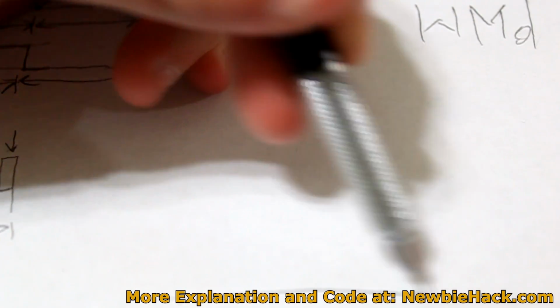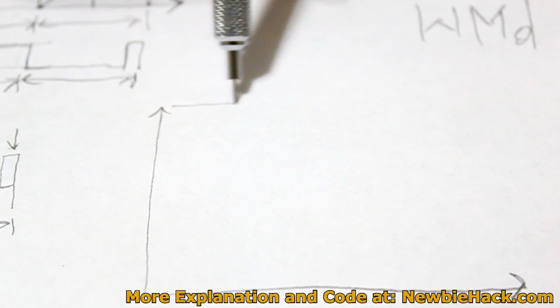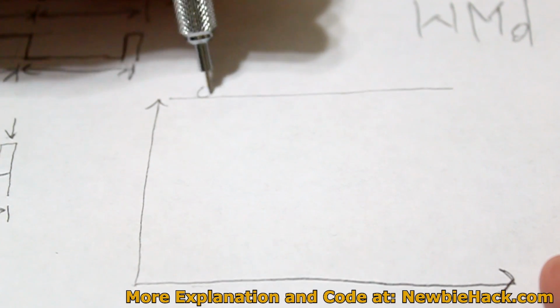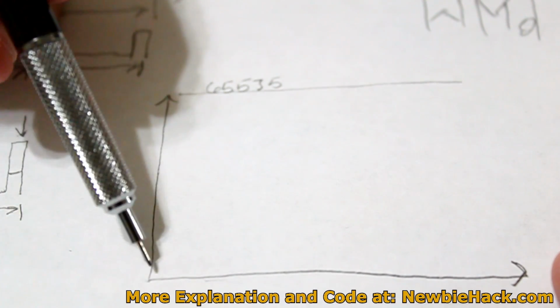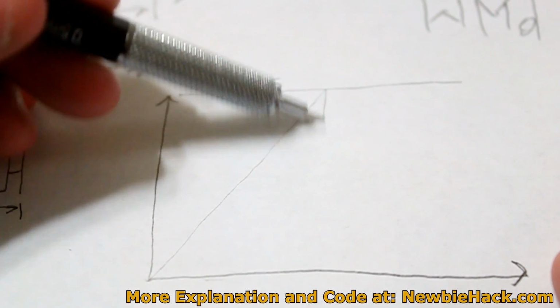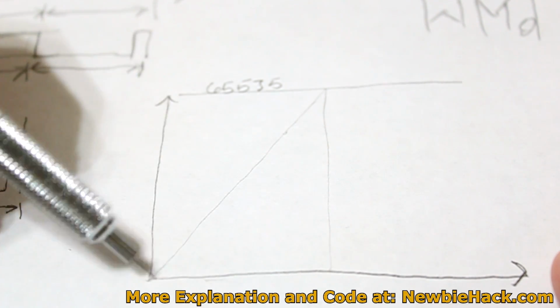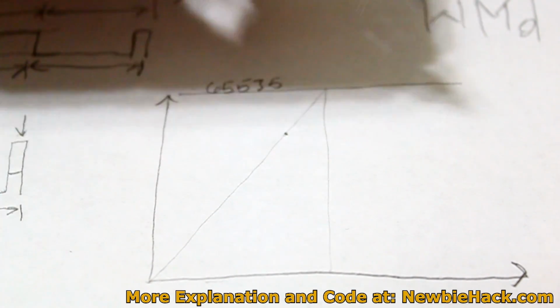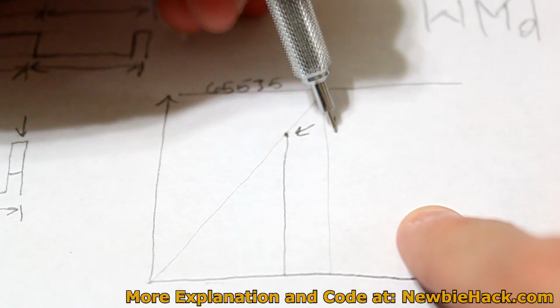This is time again, and this is count, and we have a top value, in 16 bits, of 65,535. So we have the capability of counting all the way up to 65,000 and then dropping back down, or we can set the top of this counting in the ICR register, and then it will go back down.